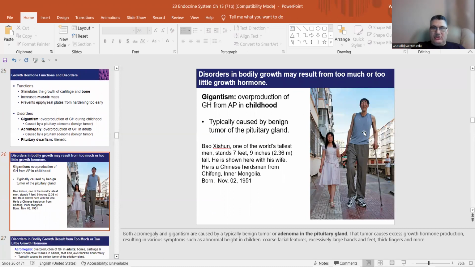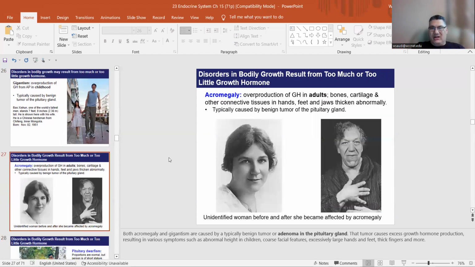So look at this picture right here. Giantism versus dwarfism. Okay, and not much details, but look at this. Compare this to this. Look how the forehead is bigger.